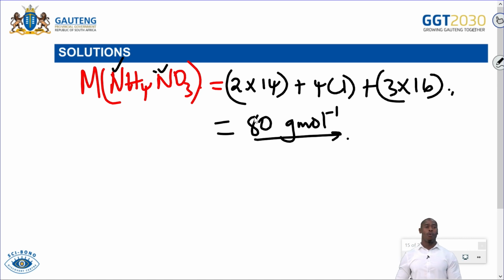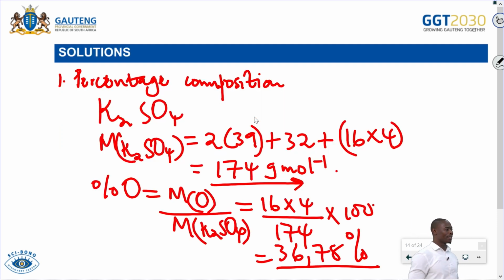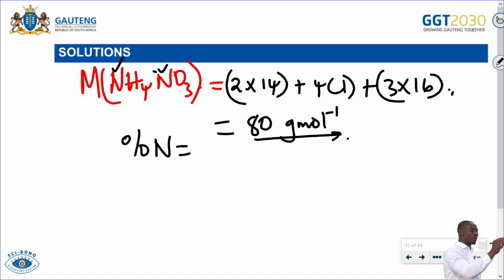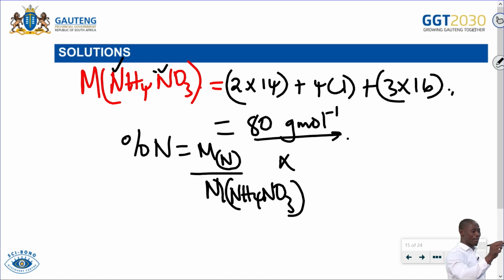So they're looking for what? Let's check. They're looking for the percentage of nitrogen in ammonium nitrate. So percentage nitrogen will be molar mass of nitrogen divided by molar mass of ammonium nitrate, multiplied by 100.